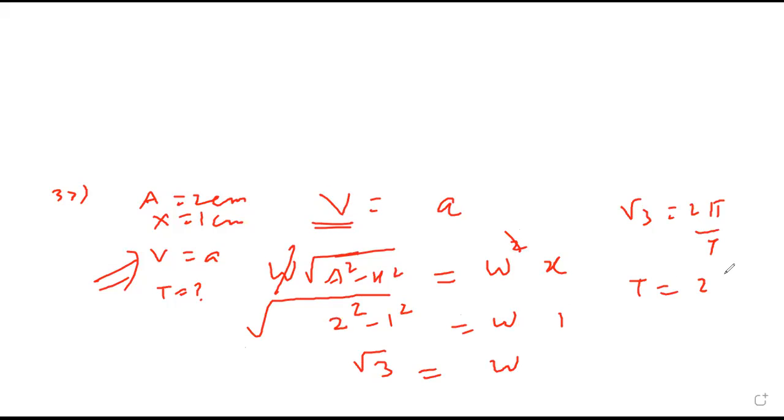So time period is 2 pi by root 3, option C. Anybody got the answer earlier? 2 pi by root 3? If so, please say, we have to move fast. Or don't be so slow.